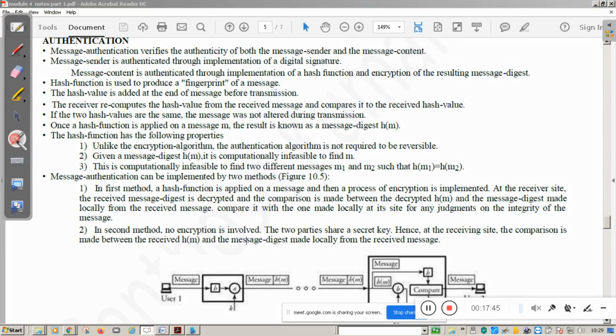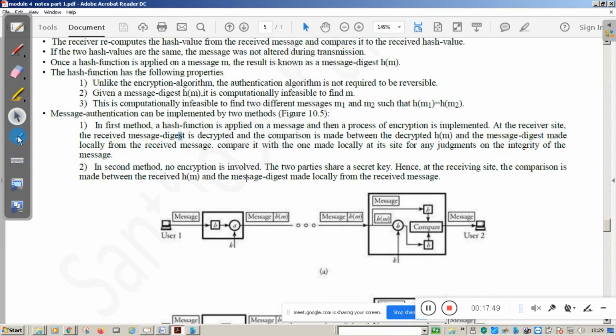Once we calculate the fingerprint of the message, the next step is that it is encrypted with the private key of the sender. Here you can see the message with the hash value, and it is sent to the other end.